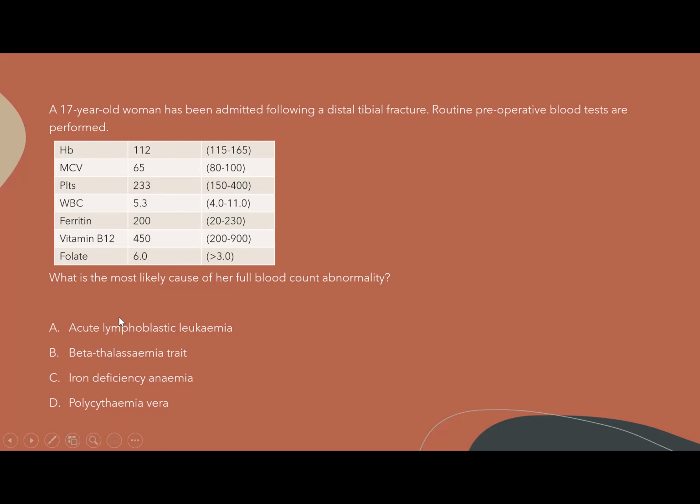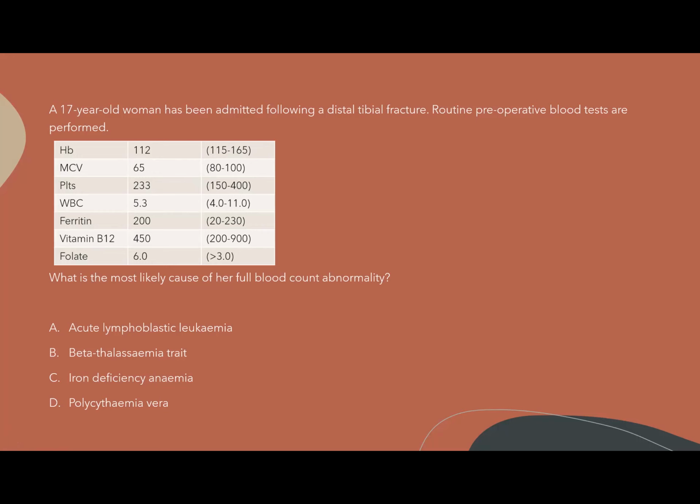For you guys that haven't managed to get on to Kahoot, just have a think in your head about what the answer might be to this question. Take a look at the hemoglobin, take a look at the MCV, and that should guide you towards broad categories of anemia. Hopefully from what we talked about earlier on, it might give you an idea of what's causing this.